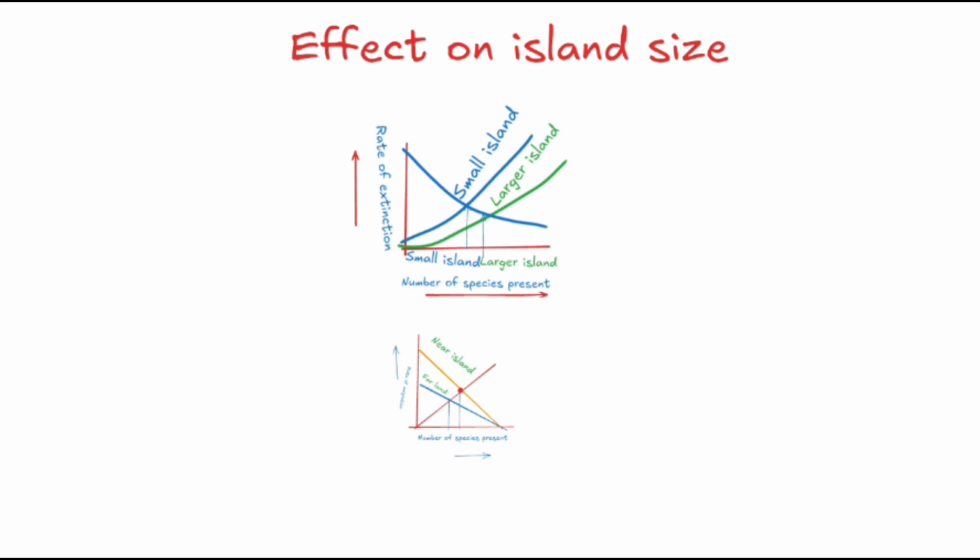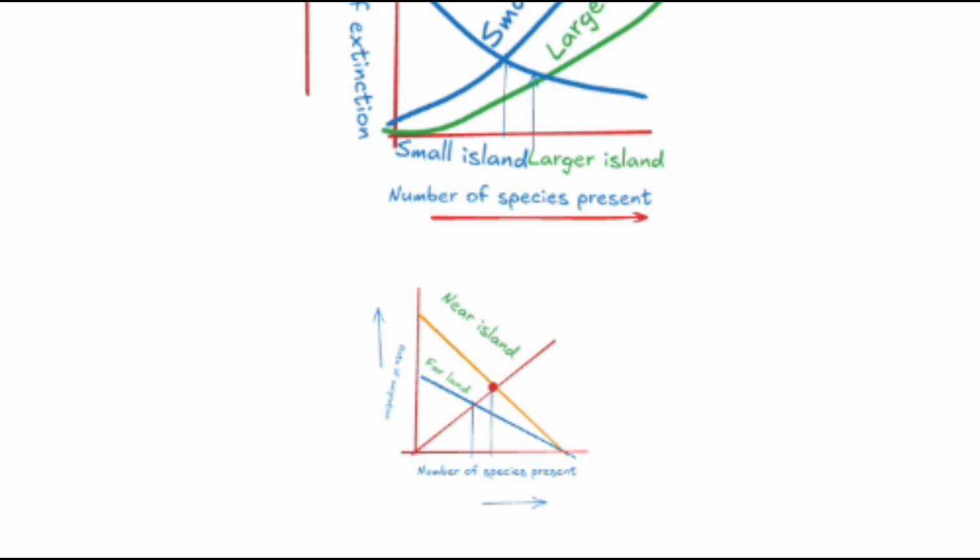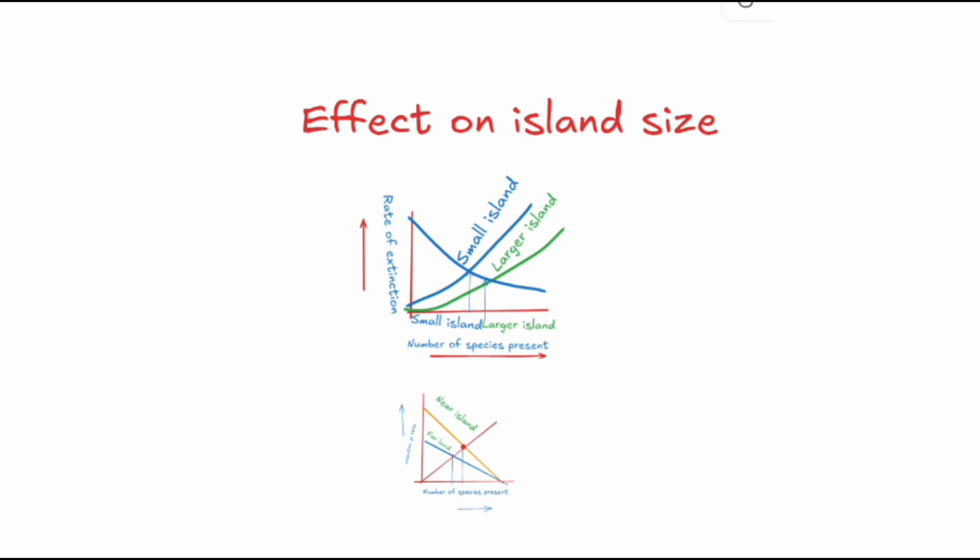So the greater the distance between the island and the mainland, the lesser the likelihood that many immigrants will successfully complete the journey. It results in a decrease in the equilibrium number of species. So for two islands of equal size, an island close to the mainland generally has a higher immigration rate than the one that is far away.